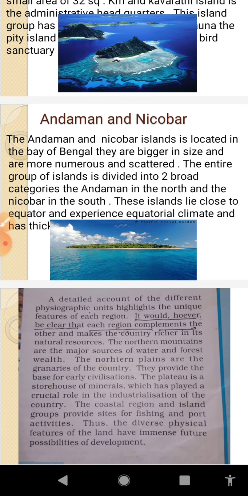Although the physical conditions vary from one part of India to another, all these physical divisions together form one geographical unit that we are calling India. So, not only are the physical divisions interrelated, they are interdependent also.